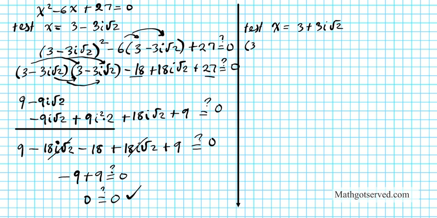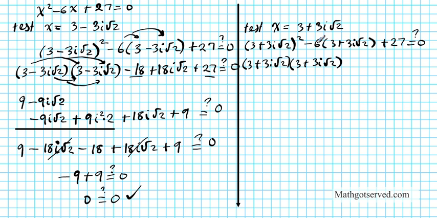The question is, is 3 plus 3i root 2 squared minus 6 times 3 plus 3i root 2 plus 27 equal to 0? We'll write this as a product: 3 plus 3i root 2 times 3 plus 3i root 2, and then distribute negative 6 to get minus 18 minus 18i root 2 plus 27.